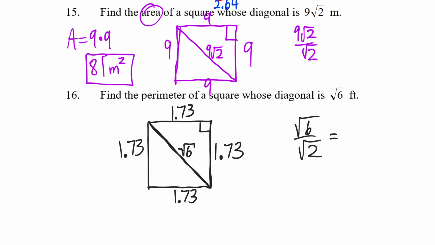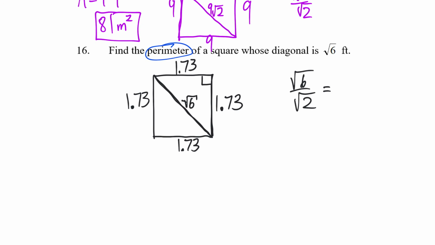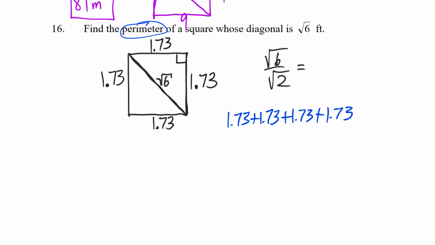And so this one is asking for that perimeter. So it's adding up all 4 of those sides again. So it's going to be 1.73 plus 1.73 plus 1.73 plus 1.73, or 1.73 times 4, but what does that give you? 6.92.